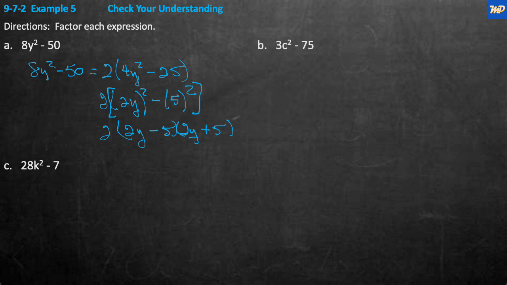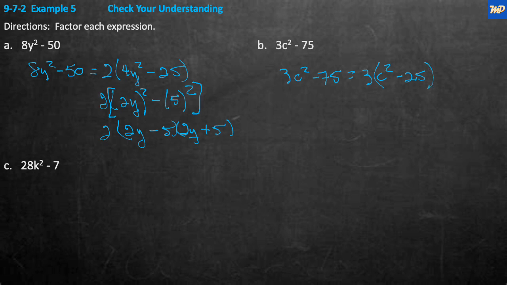So now let's try B. 3 comes out of 75 25 times. So we're going to say 3c squared minus 75 is equal to, factor out the 3, 3 times the quantity c squared minus 25.